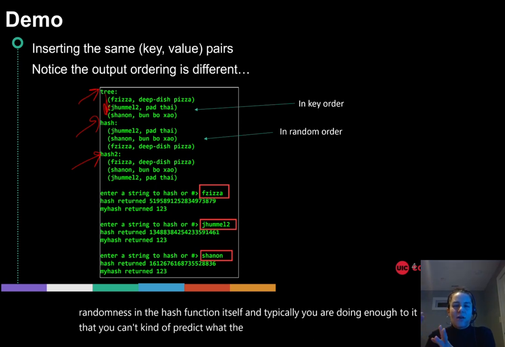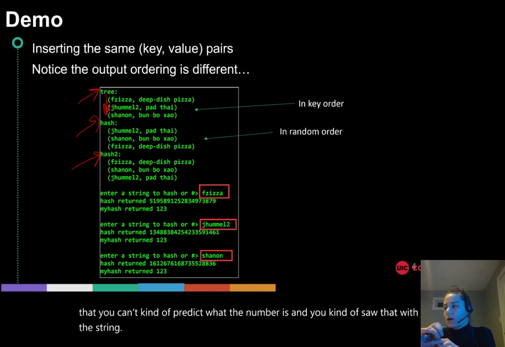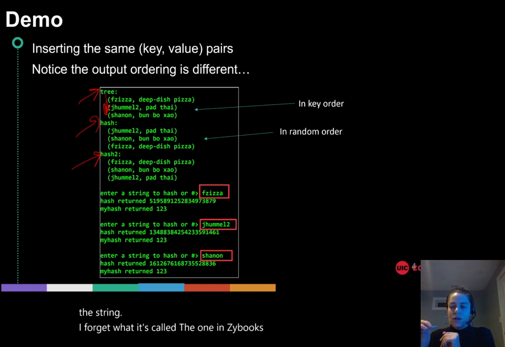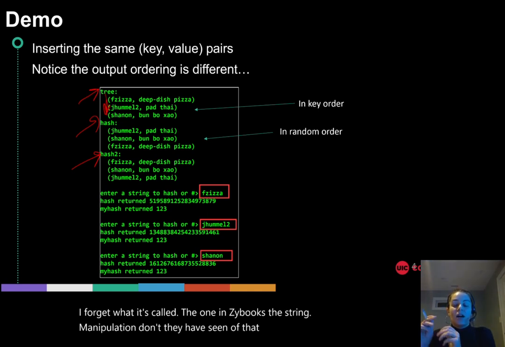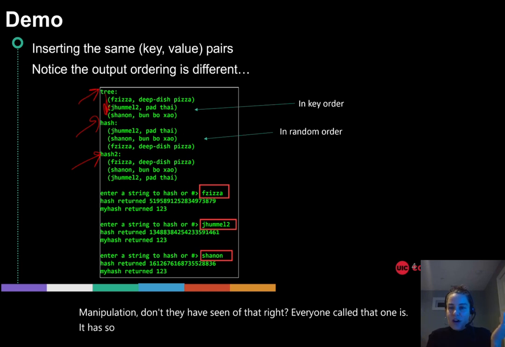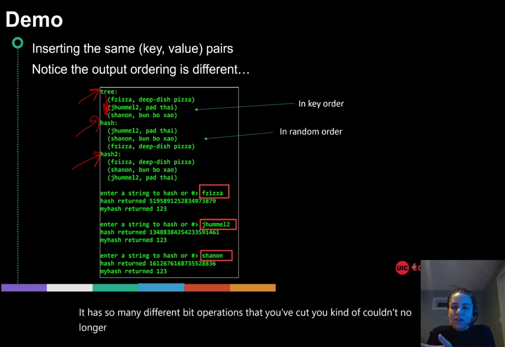You kind of saw that with the string manipulation one in Zybooks, I forget what it's called. It has so many different bit operations that you can no longer mathematically predict what it would do as a human, because it's doing so much with the numbers.